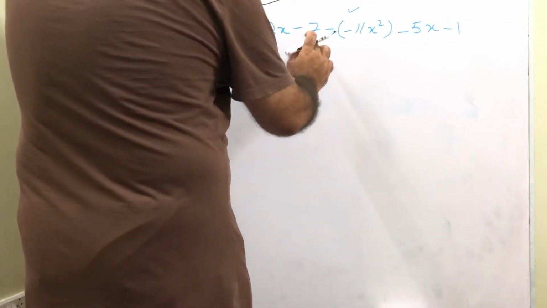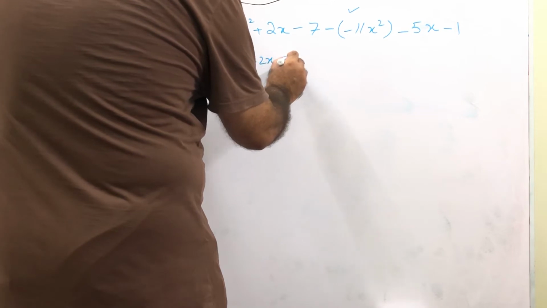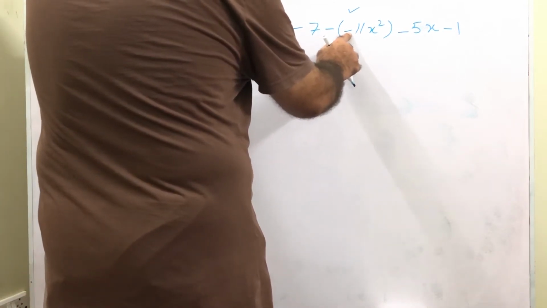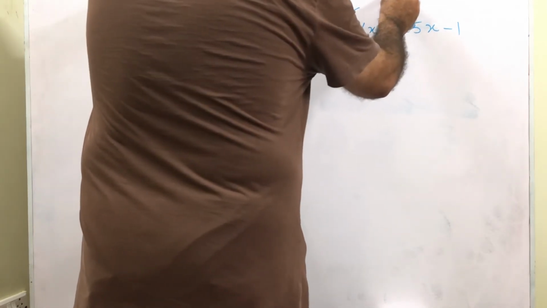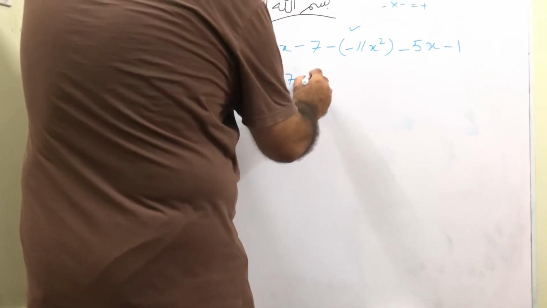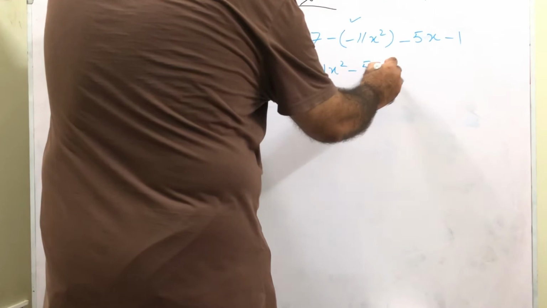Everything will remain the same, x square plus 2x minus 7. Once we open the bracket, this minus will be multiplied with this minus. Minus multiplied by minus becomes plus. So it becomes plus 11x square minus 5x minus 1.